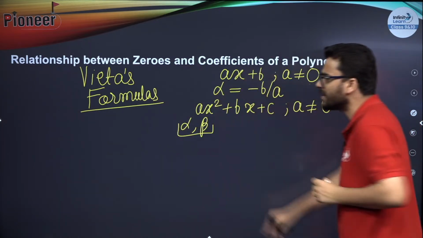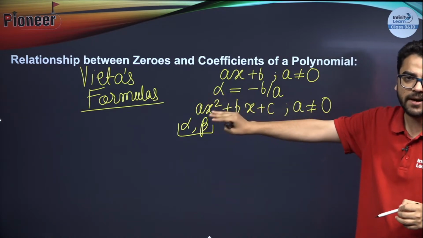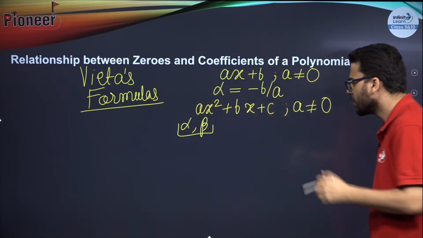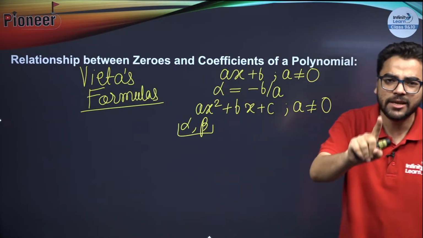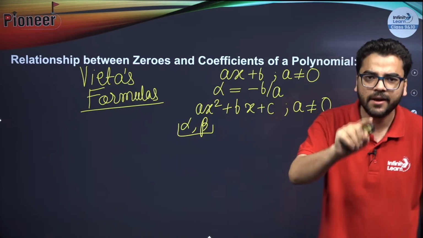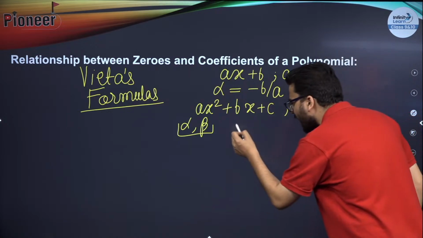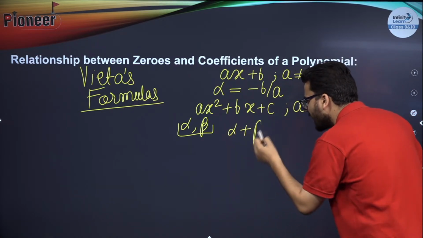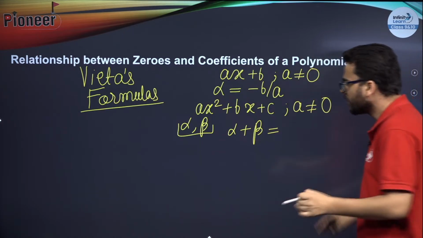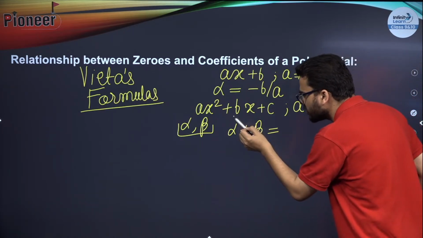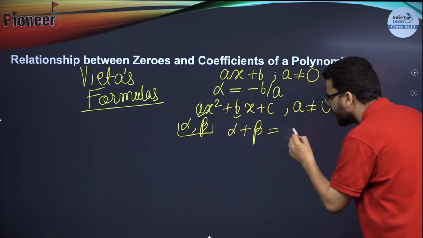Now what is basically Vieta's formula? You'll understand it very quickly over here. So the logic is, we take one 0 at a time. In the first case, we are taking one 0 at a time and adding them up. You got it? Now the logic is, sum of the zeros is minus b by a. See it patiently.